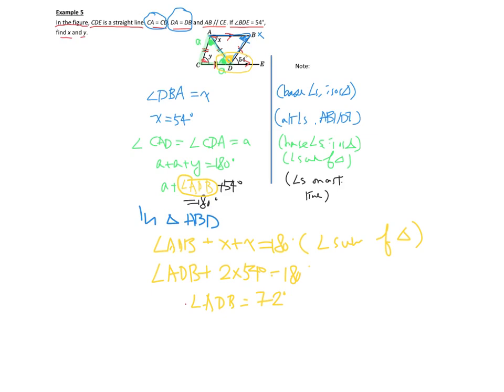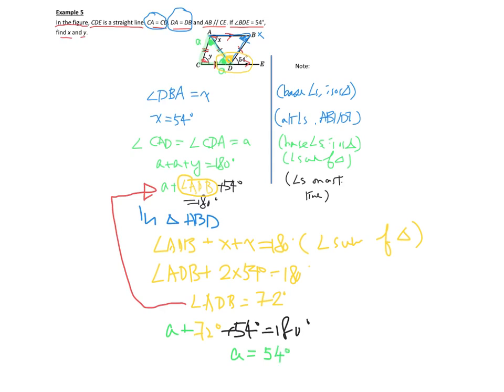So we substitute this 72 degrees back into this equation. So we know that a plus 72 degrees plus 54 degrees would be equal to 180. So we can find that a is equal to 54 degrees.